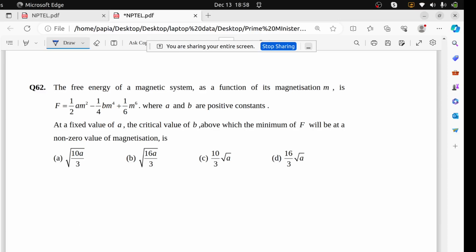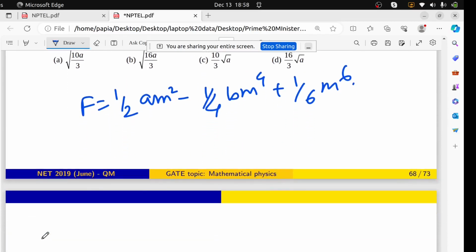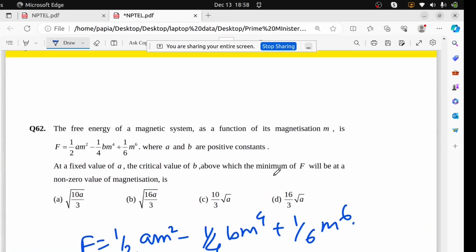What we need to do? A is there. Now, what we will do first? They are telling that the minimum of F will be at a non-zero value of magnetization.